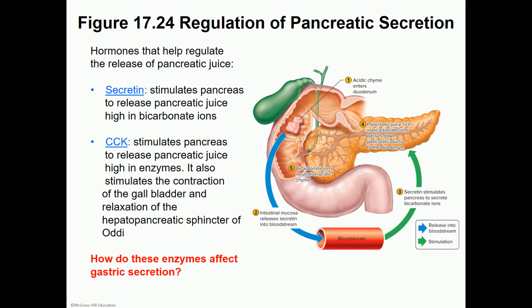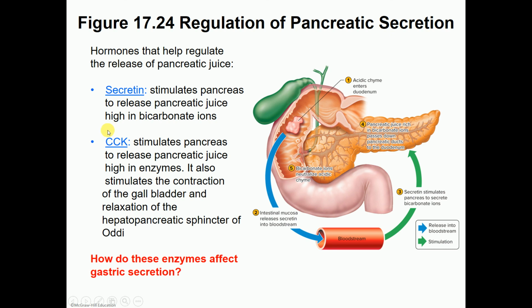So secretin, again, made by the small intestine, will go through the bloodstream and reach the pancreas, and that is going to stimulate the production of pancreatic juice, especially the bicarbonate ions, again, to neutralize the acid.